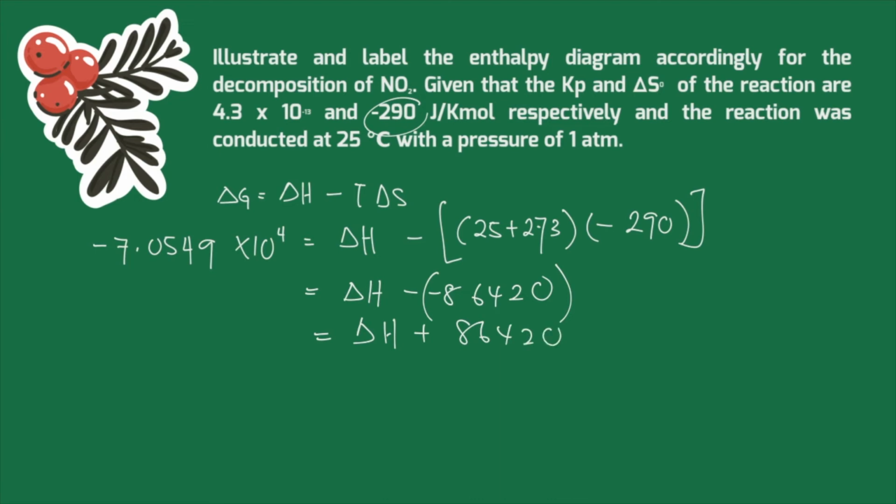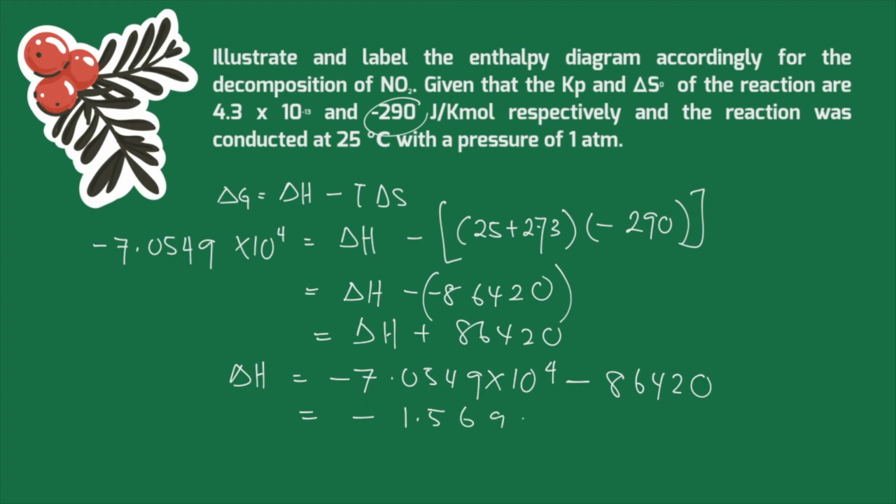So from here you can get your delta H is equivalent to, so you bring this to that side, so negative 7.0549 times 10 to the power of 4. So from here you move it there, so minus 86420. So you shall get your delta H is equivalent to negative 1.56969 times 10 to the power of 5. So this one shall be in joule per mole.